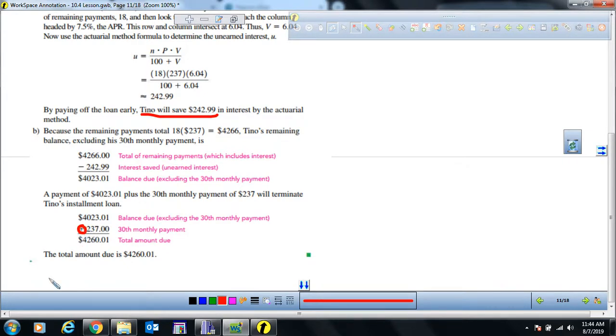So you add these two amounts, and that's the total amount due if he wants to pay everything by the 30th payment, including the rest of the 18 payments plus that 30th payment. Okay.